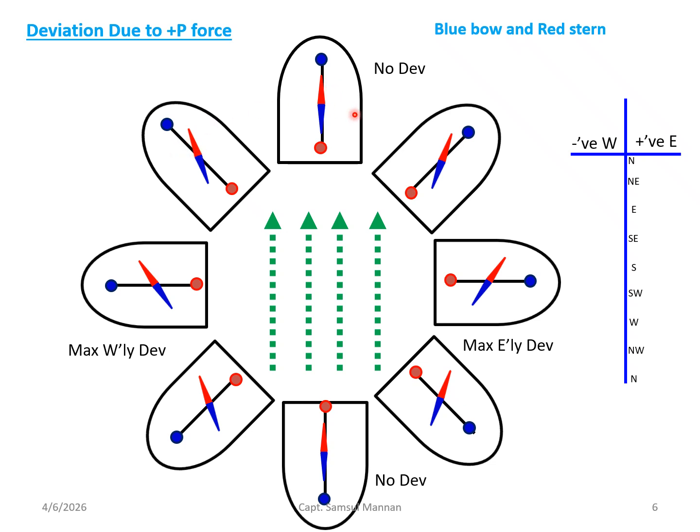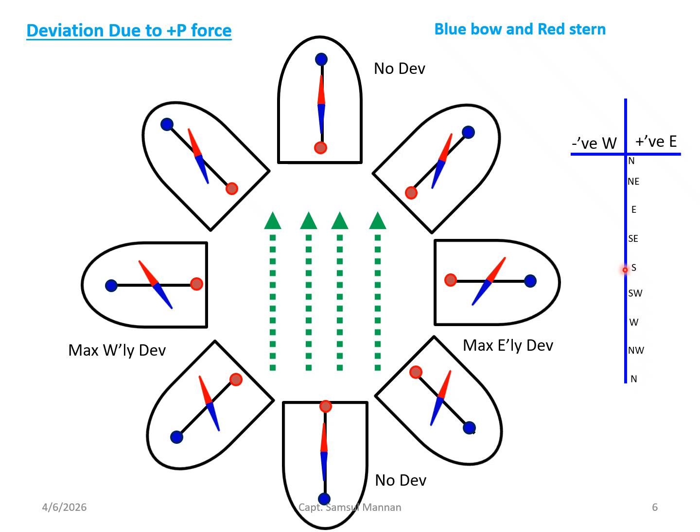And if we take this deviation, the position deviation, and put it in this graph: for northerly course we have got no deviation, northeasterly course some deviation, easterly course maximum deviation, then southeasterly course some deviation, then southerly course no deviation.